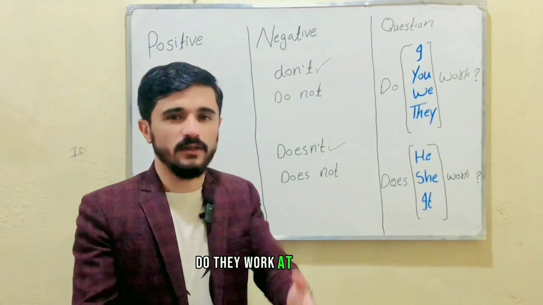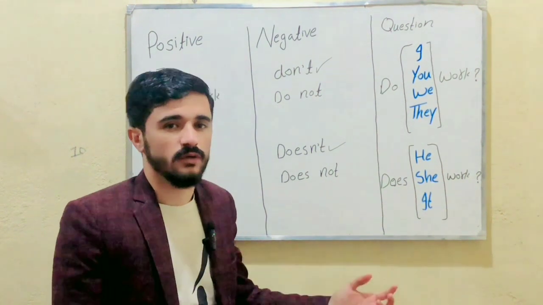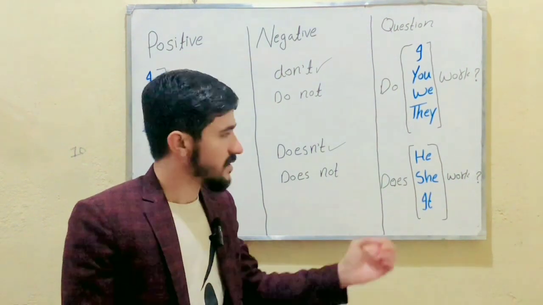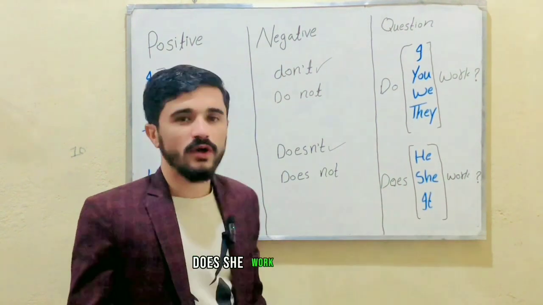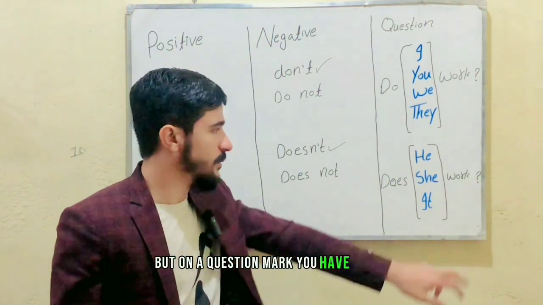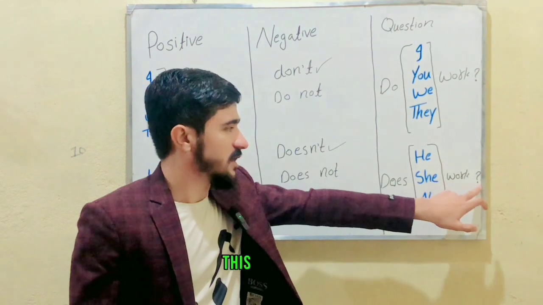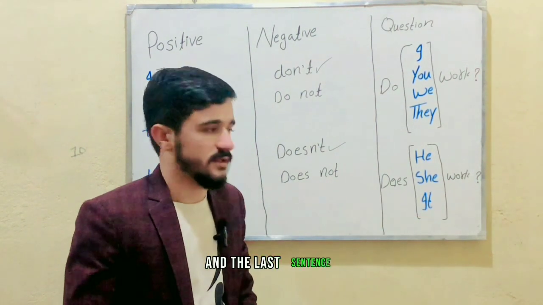Do they work at the bank? And with the single person, he, she, it, we use does. Does he work at the bank? Does she work at the bank? But in a question, you have to use the question mark at the end of the sentence.